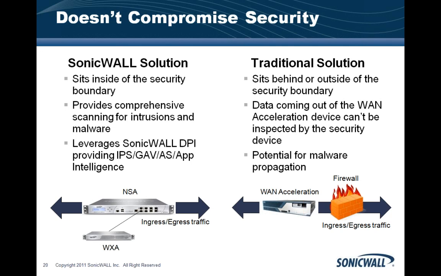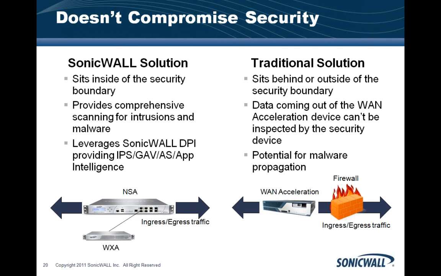What that does is it leverages our deep packet inspection technology, so intrusion prevention, anti-malware, and all of the app intelligence and control capability. If you look at what the traditional vendors put in place, it's really, where do I stick this thing? The traffic coming out of the WAN accelerator can't be scanned by the DPI engine because it's been modified by the WAN acceleration device.